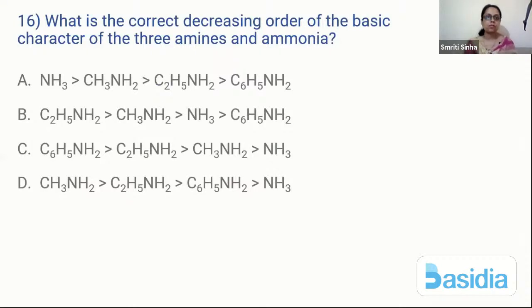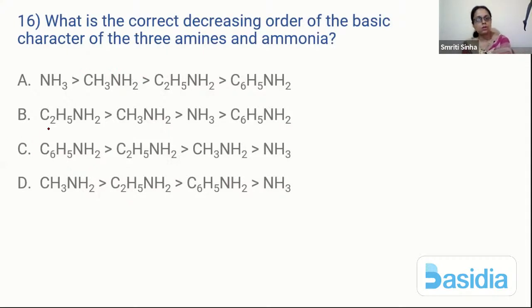Next, what is the correct decreasing order of basic character of 3 amines and ammonia? So if you compare these 3 amines and ammonia, which one will be the most basic and which one will be the least basic? So remember, the more the alkyl groups, the more the basicity.